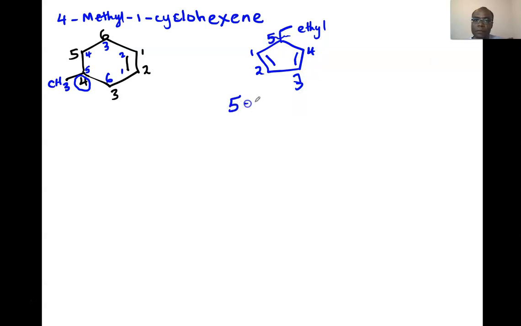So the name will be 5-ethyl, and then the double bond is on position 1 and position 3, the first time you encounter the sp2 carbons of the double bond. Okay, so it's 5-ethyl, 1,3. We specify the position of the double bonds, and then you say cyclo because it's a ring, and then it's a 5-membered ring, so penta.